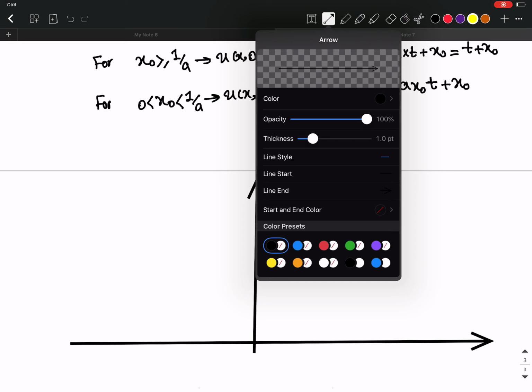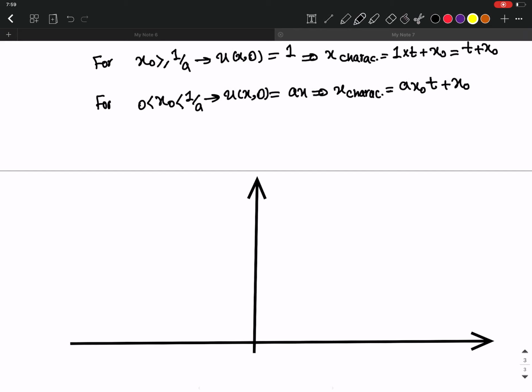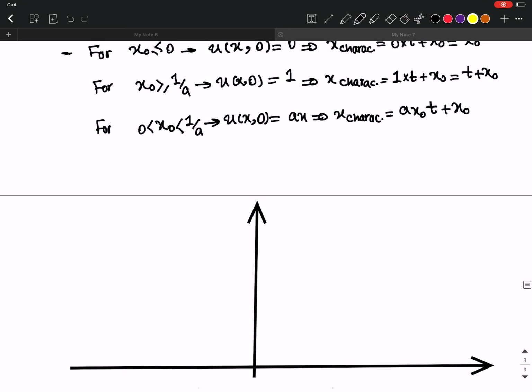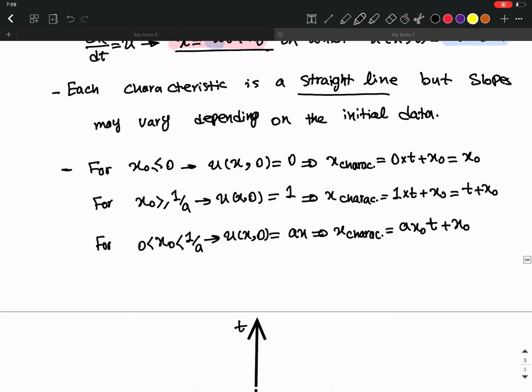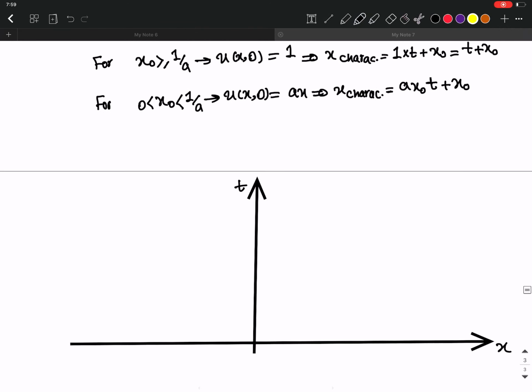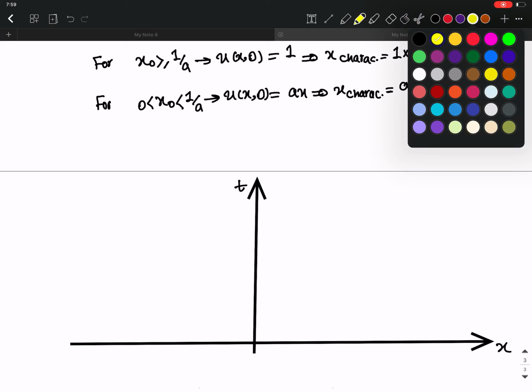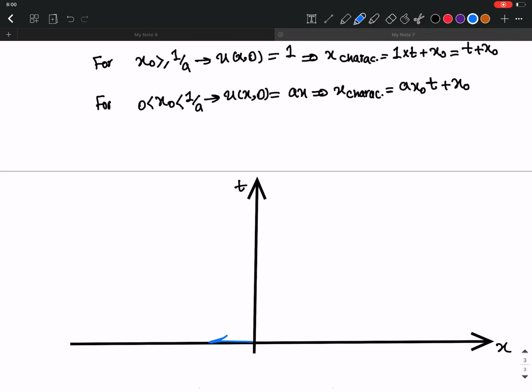So now I want to write the characteristics and plot them. This is going to be my x, and this is going to be t. When x0 is less than 0, I'm going to first focus on this region.